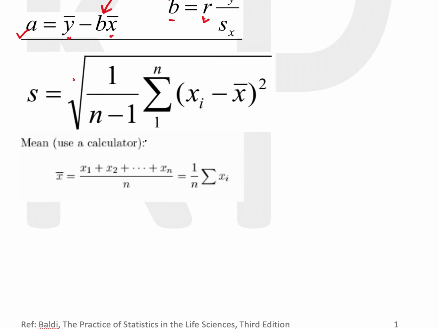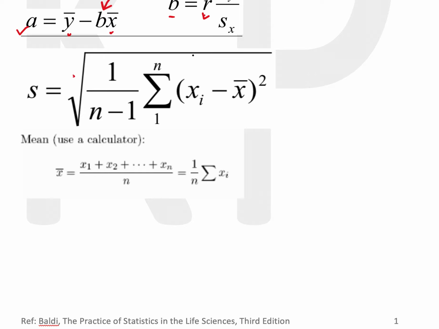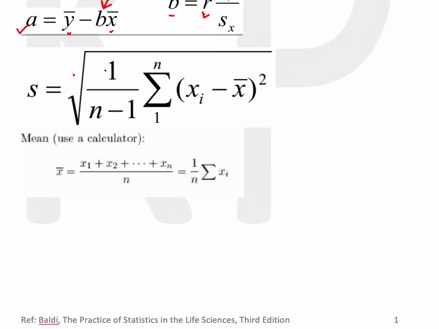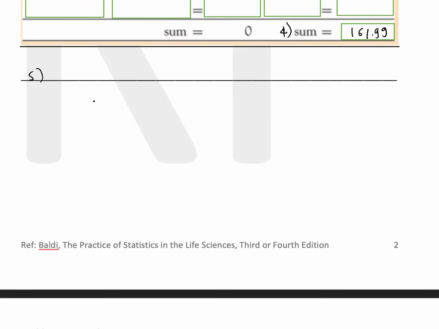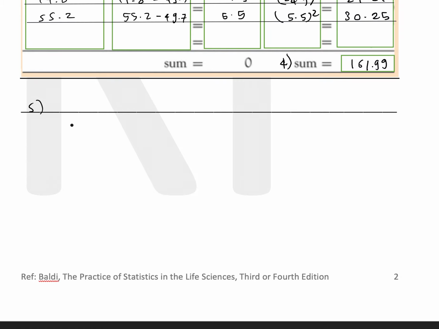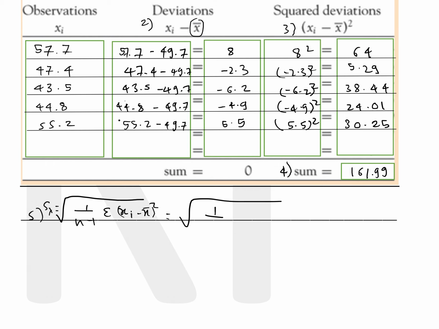So if you go back to the formula, we have solved this much portion as of now, and then we just have to divide that by 1 upon n minus 1 and take the square root of that. So we are going to take the square root. n in this case is 5, 1 2 3 4 5.